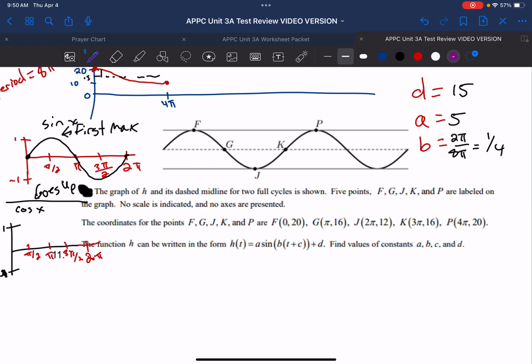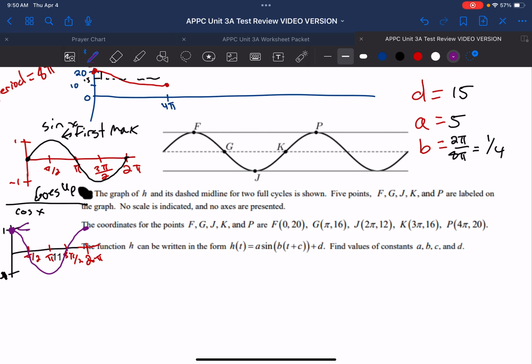Remember, cosine starts up here at 1 and goes down. So cosine, its first max is here at 0, 1, whereas the first max of sine happens at pi over 2, 1. So that's a difference, and notice that it goes down first.